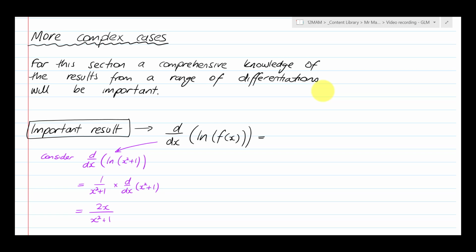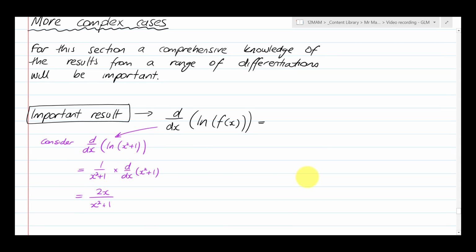First of all, an important result. If you derive log of a function, here's my example, log of x squared plus 1, you get 1 over x squared plus 1 times the derivative of x squared plus 1, and that gives you 2x over x squared plus 1. If you derive log of a function, what you get is 1 over that function times the derivative of that function.